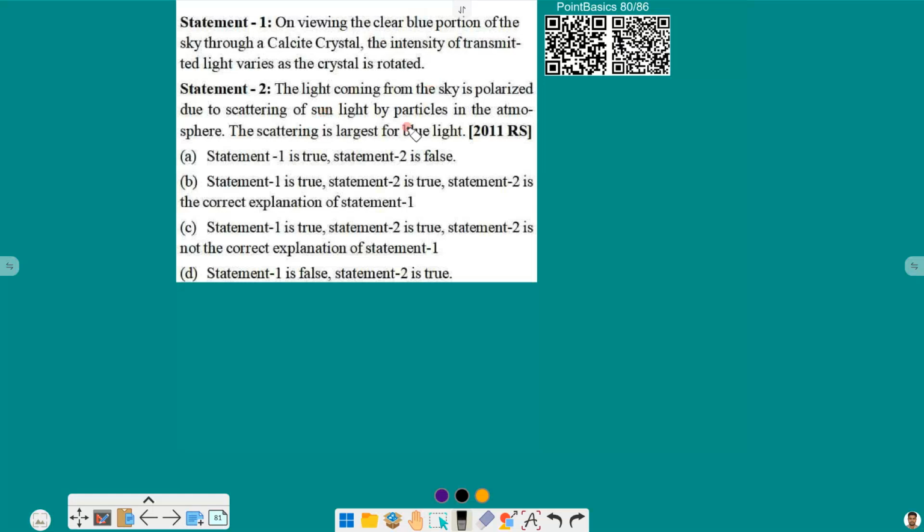So here both statements are true: light coming from the sky is first of all scattered, and mostly blue color is scattered, and that is also polarized, so its intensity will vary with rotation. So both are true, and the second is the correct explanation of the first. So option B is the right answer.